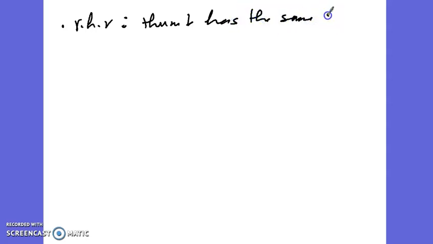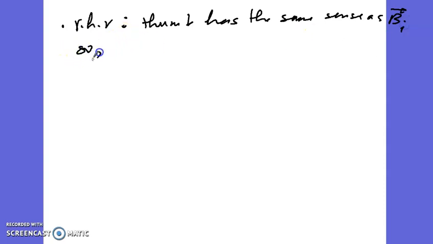So third point, write it here. Point 3, applying the right-hand rule: the thumb has the same sense as B induced in this case.